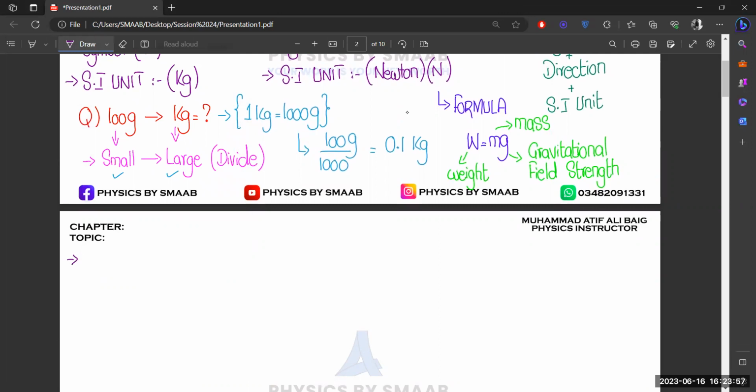that mass remains the same everywhere. And what about weight?